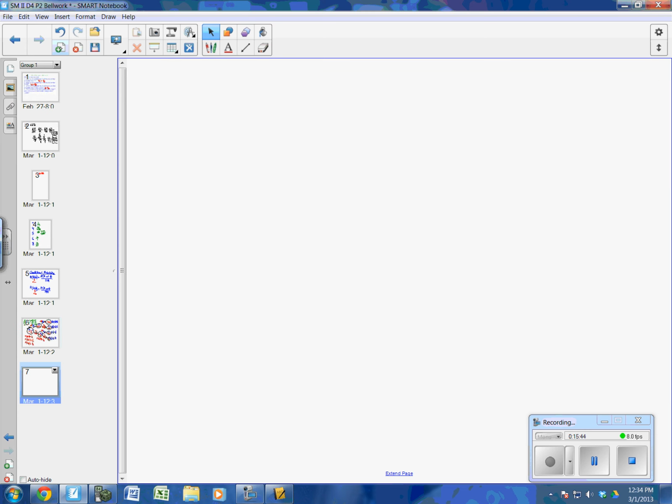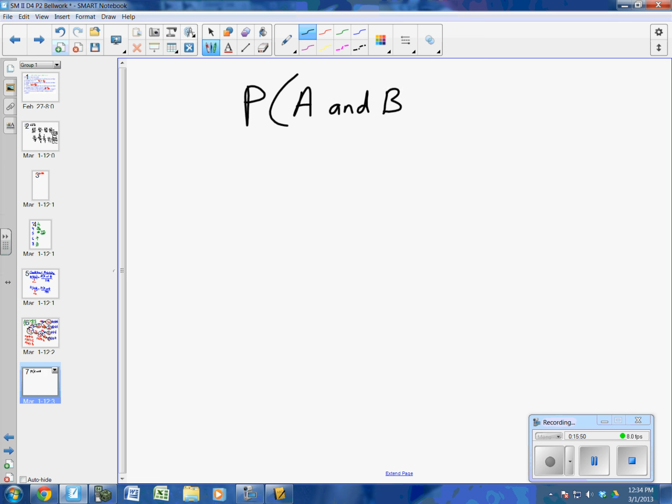Let's give you this formula right here. The probability of A and B happening is equal to the probability of A. You know what? I probably wrote that a little bit wrong right here. Let's go back one slide.